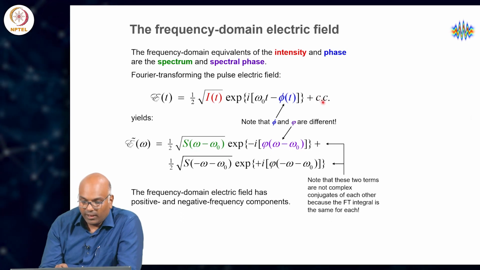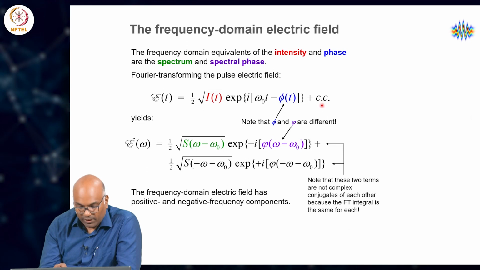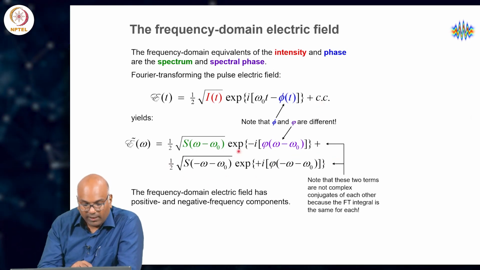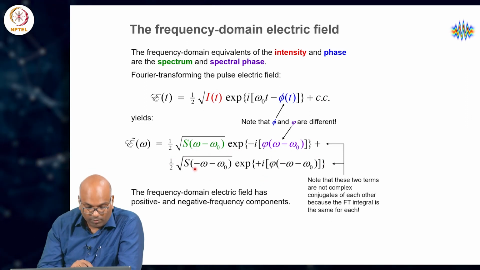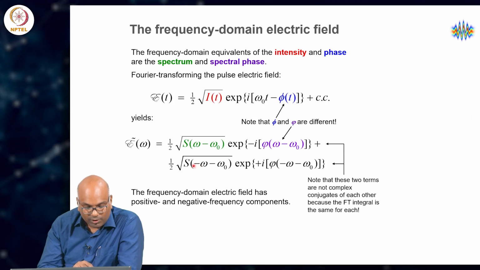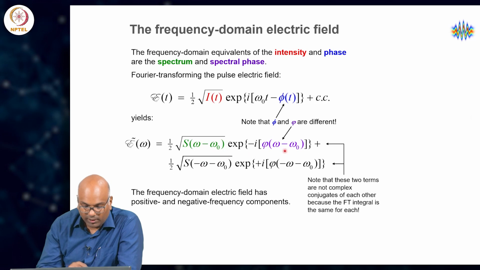Now we had the complex conjugate of the same quantity. The complex conjugate yields a function which is identical in all respects, except for the fact that for the conjugate we simply have to replace omega by a minus omega both in the amplitude and the phase.